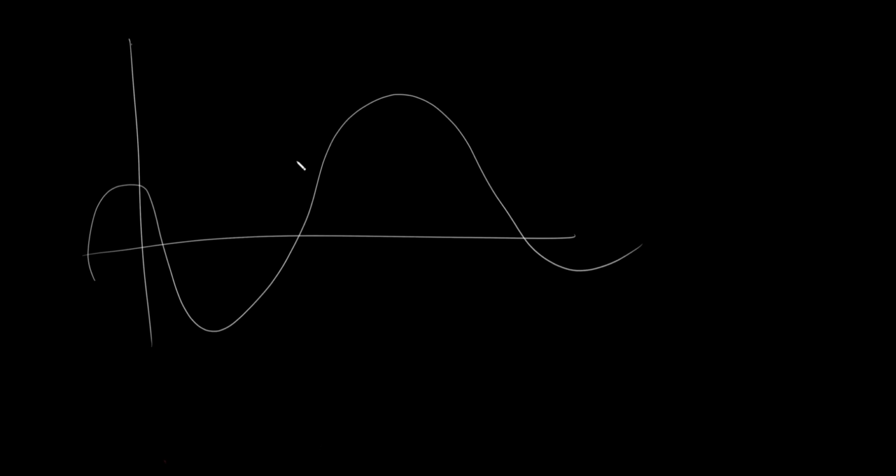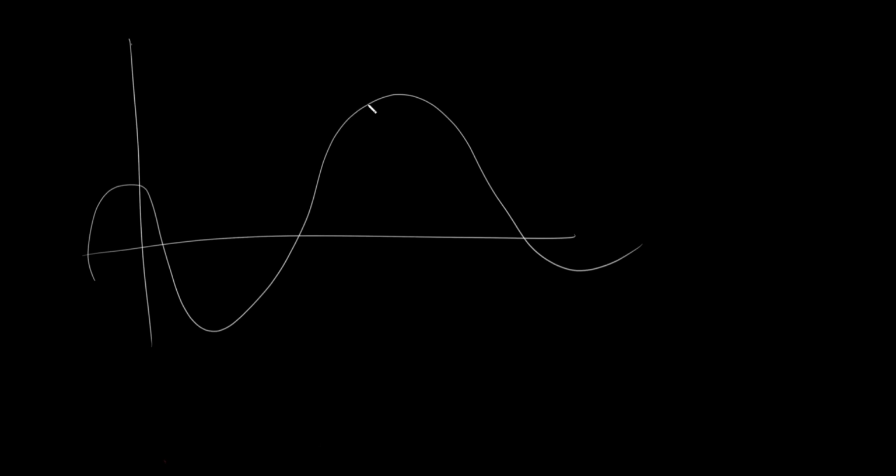Okay, so let me show you guys what we're gonna do to find a tangent line for beginners like you. So let's make a function, a curvy function. We're going to see those types of functions in calculus.